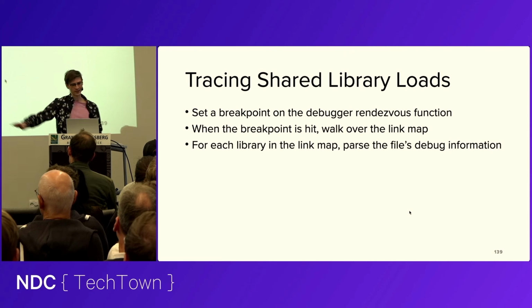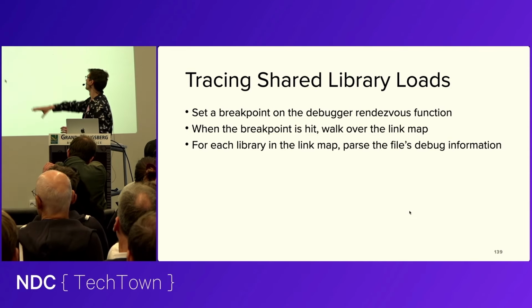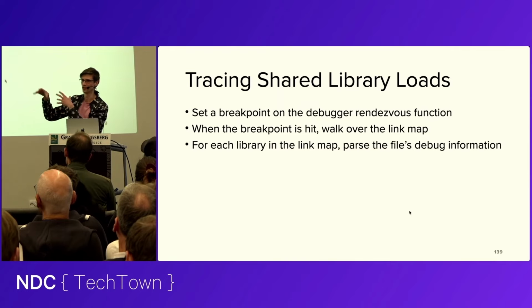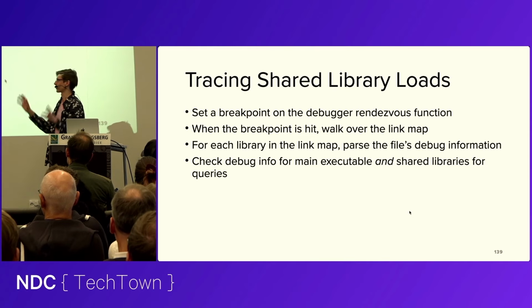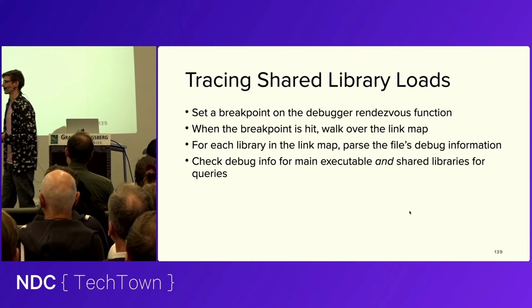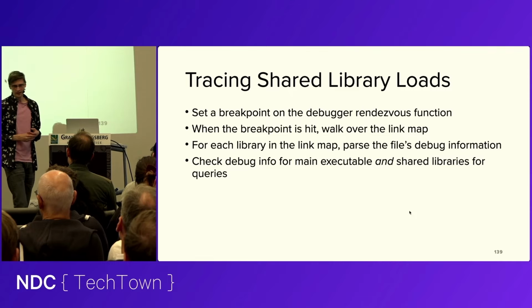So we do that for every library in the link map. We're gonna find that file and parse its debug information, put it into some internal data structures, and then whenever we have a query for set a breakpoint on a function, we're not just going to check the debug info for our executable, we're also going to check the ones for all of the shared libraries that would be loaded.